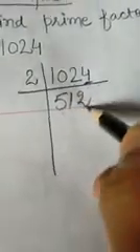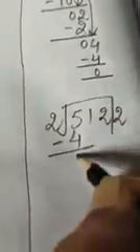Now 512 will be further divided. It is also divisible by 2, because the one's place digit is 2. Now we will divide 512 by 2. So what quotient will we get? 2 twos are 4. Yes, 1.